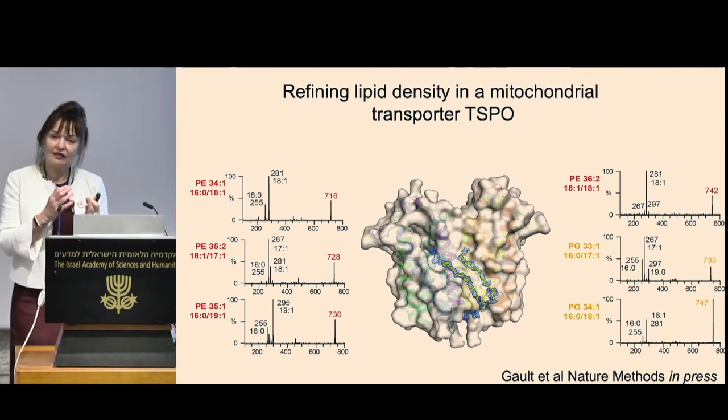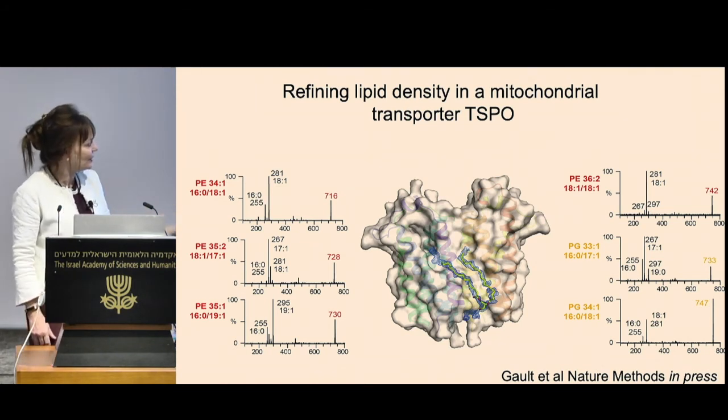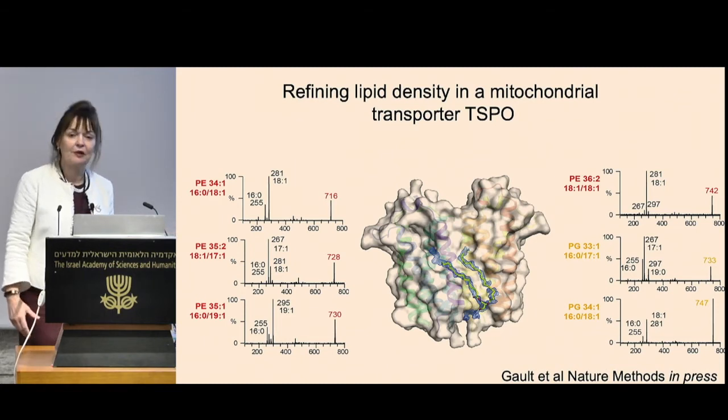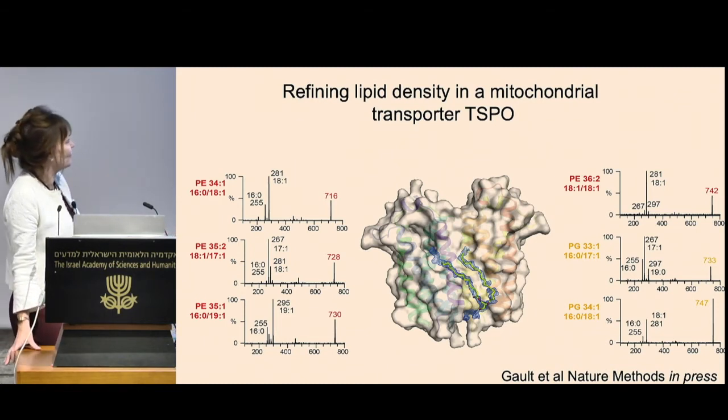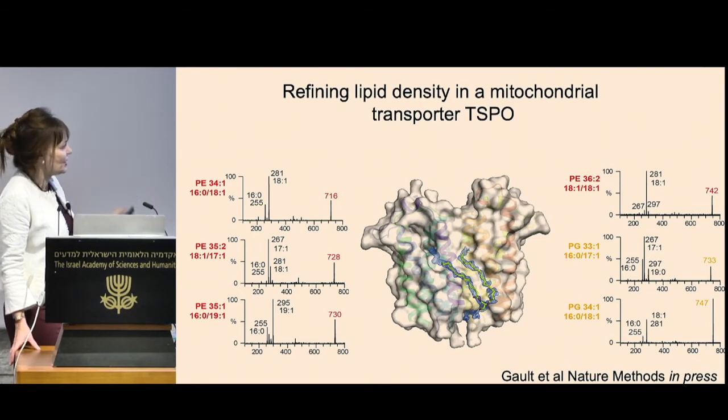And so the view is then that you could maybe take this complex, release this ligand, break it until you can work out exactly what it is. And that's what we're doing here. We've taken this complex. We've seen that actually this peak that binds to the intact dimer, in this case, corresponds to this lipid here. So we've isolated this lipid and we've broken it and got its different chain length.